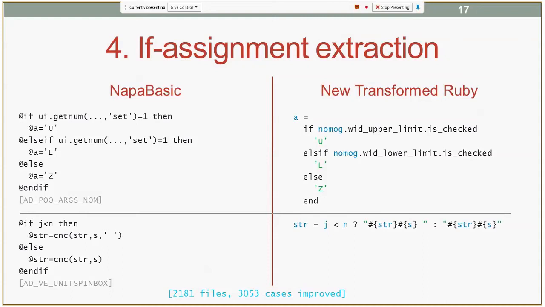But of course, if we see that for some parts this NapaBasic will live for a very long time, we could conceivably do similar automatic refactorings for the original code. Of course, in many cases they couldn't be done because NapaBasic doesn't have the features of Ruby, but in some cases, like here, we could conceivably use IIF.